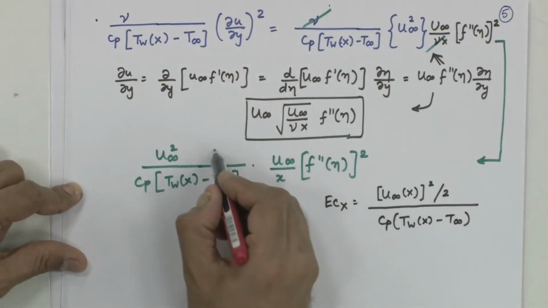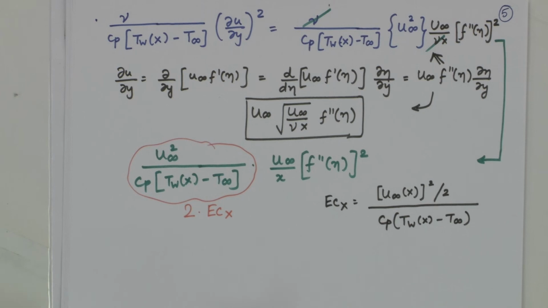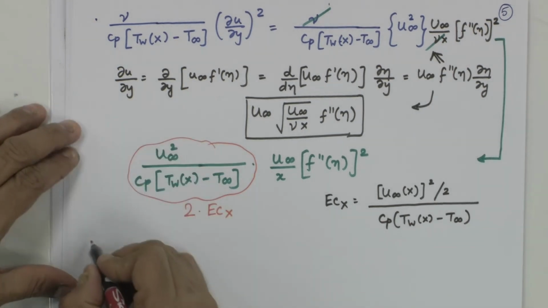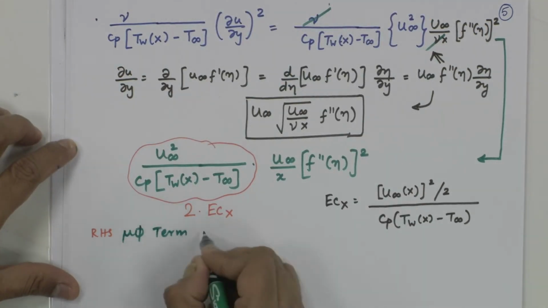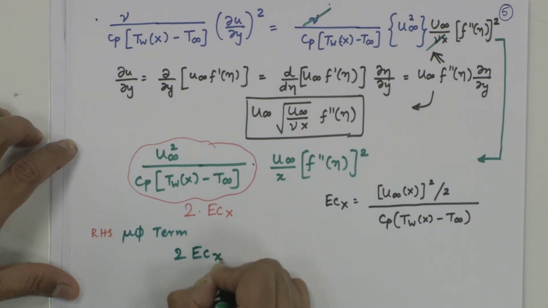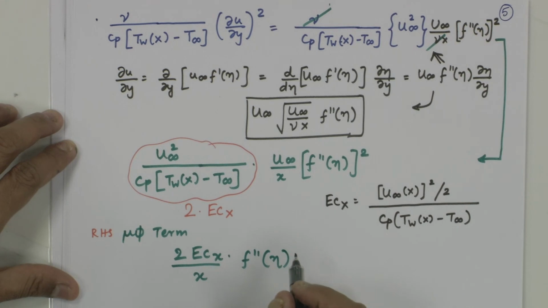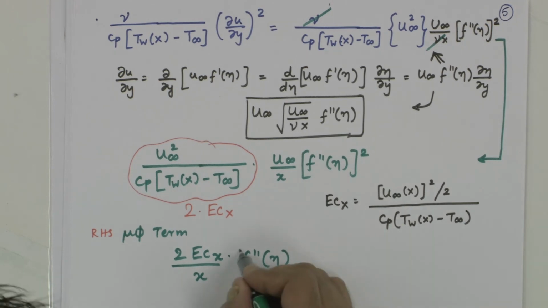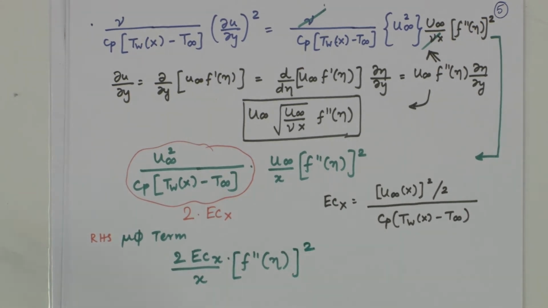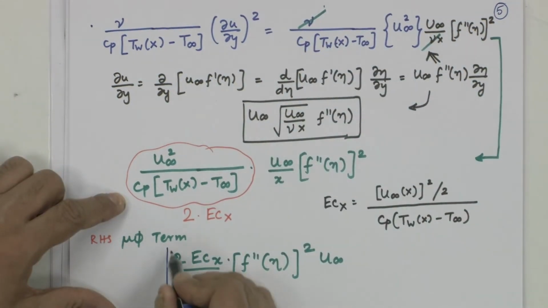So this bracket ends up being 2 times the local Eckert number, and therefore the RHS viscous term, the μφ term, will simplify to 2 times local Eckert number divided by x, f''(η) whole square, into u∞. Okay, so this is my RHS.